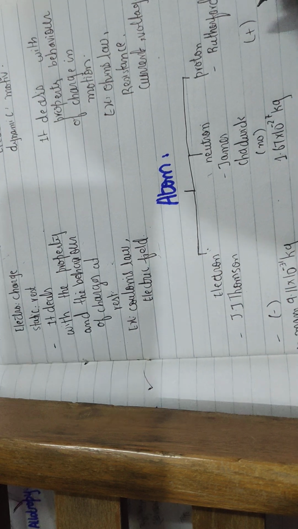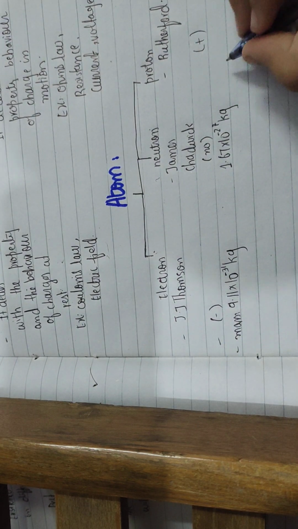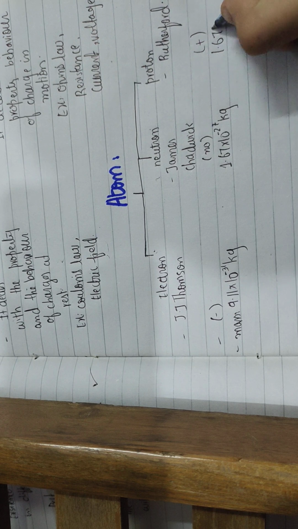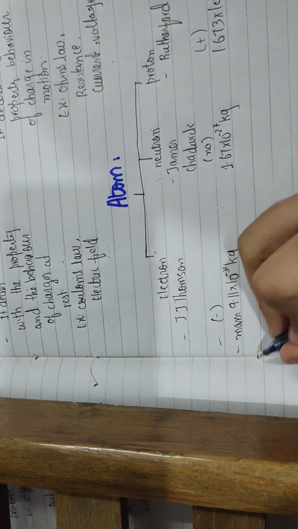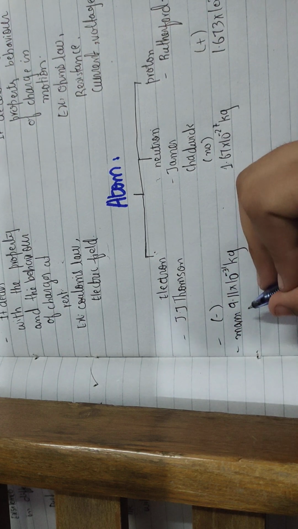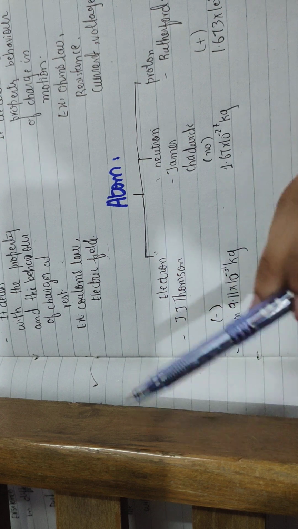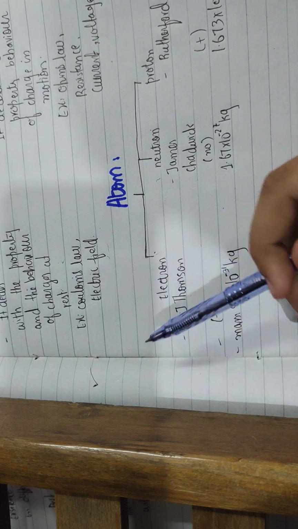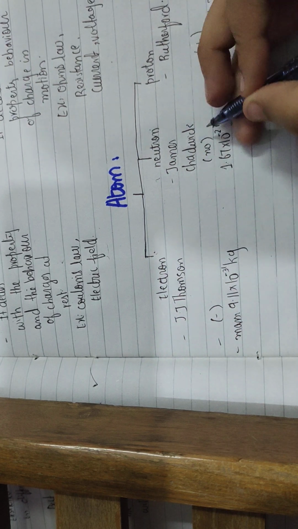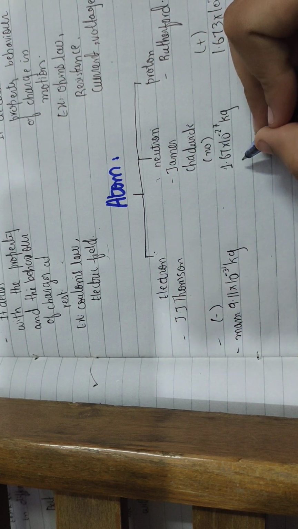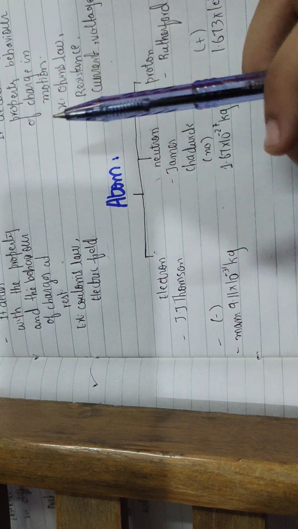And the mass of the proton is 1.73 times 10 to the power minus 27 kg. Now talking about the charge: the neutron does not have any charge, so one neutron is equal to no charge.